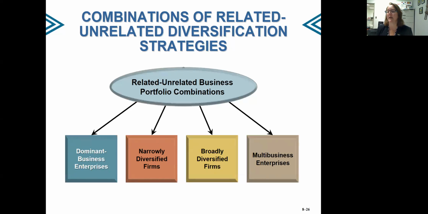They use a multi-business enterprise where every one of their brands is an independent unit, a financial profit center, and they have an overarching strategy that comes from Procter & Gamble. But every product line, every brand is kept as a separate unit.